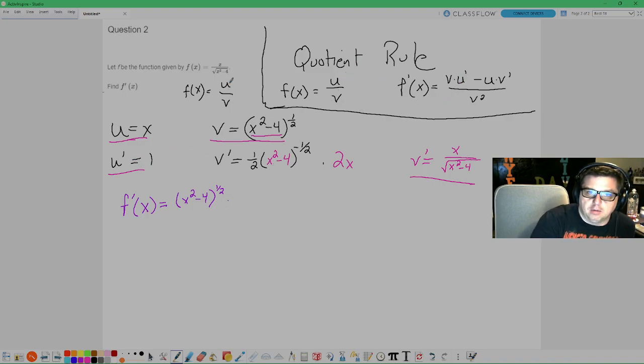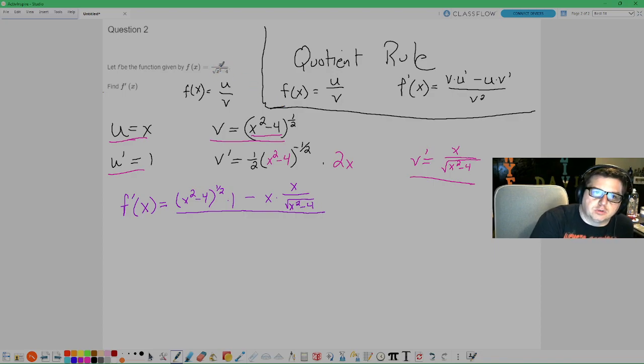So the bottom times the derivative of the top, which is just 1, minus the top times the derivative of the bottom, which is x over the square root of x squared minus 4, all over the denominator squared.